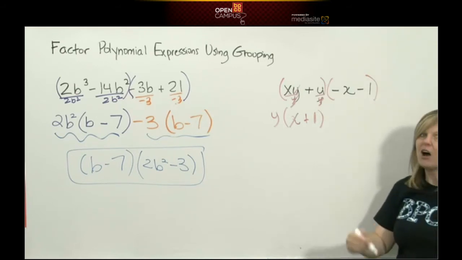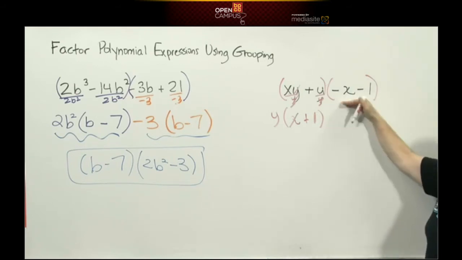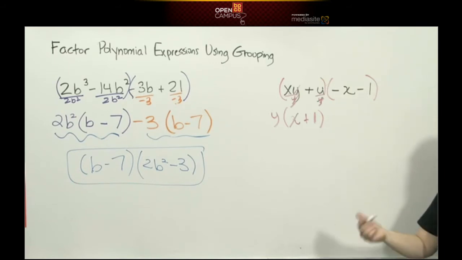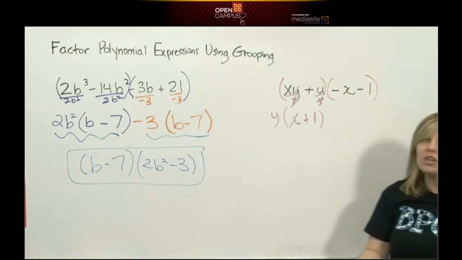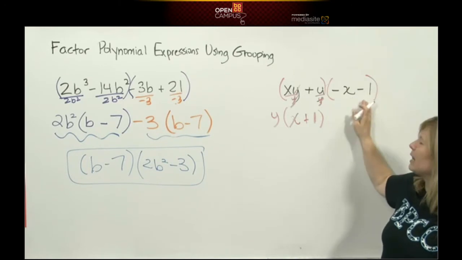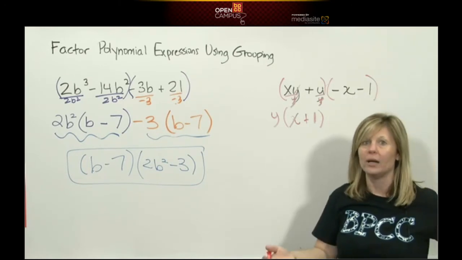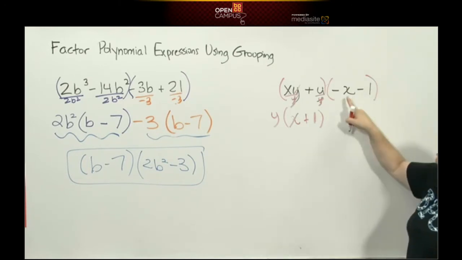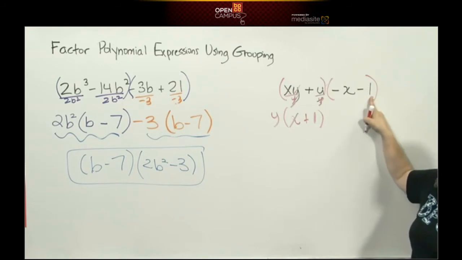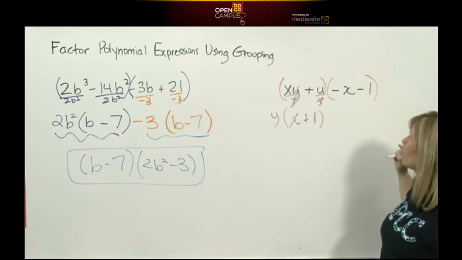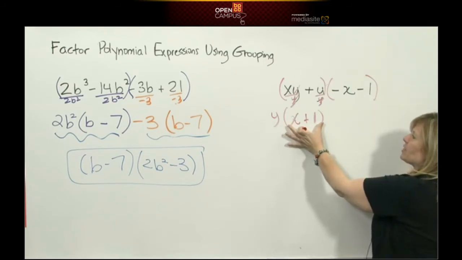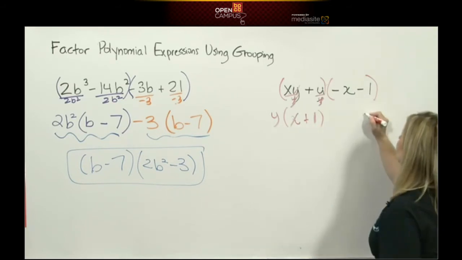Well, you have to follow the process. You must divide these by something they have in common, their GCF. Well, the only thing you divide a letter, a variable, and a number by is the number 1. So the question is, do we divide these both by a positive 1? Or do we divide these both by a negative 1? Well, think about your goal. Your goal is to get in parentheses x plus 1.